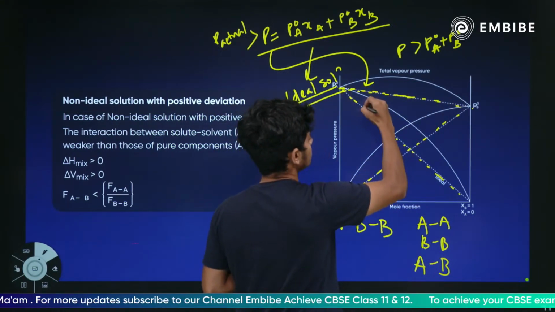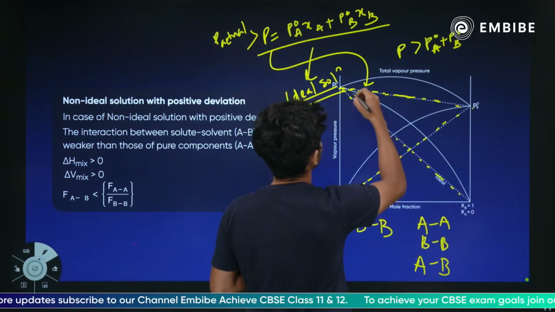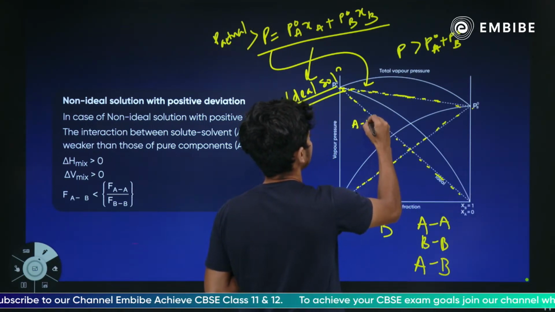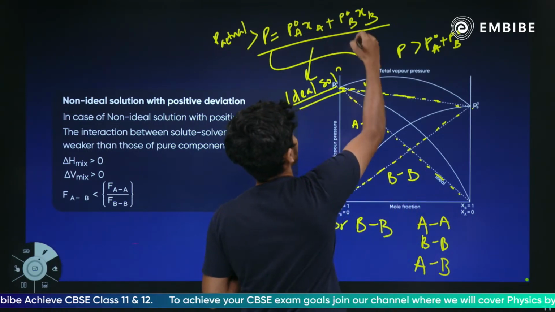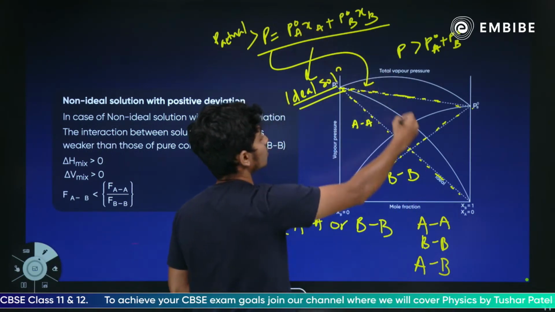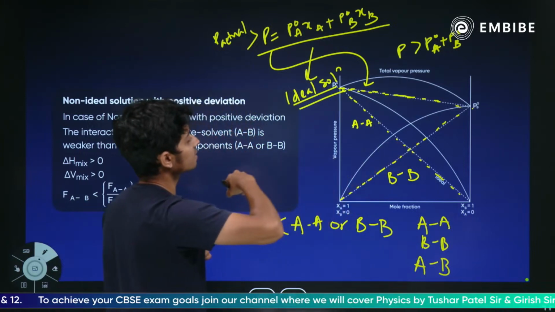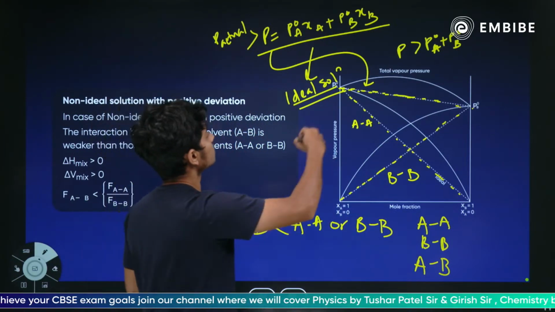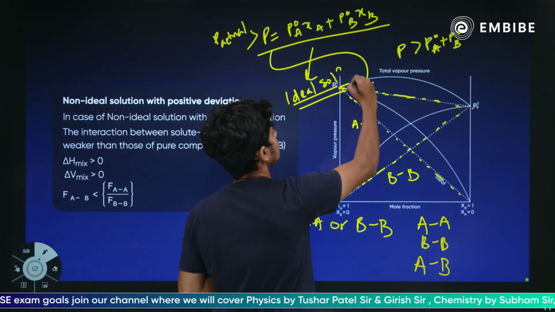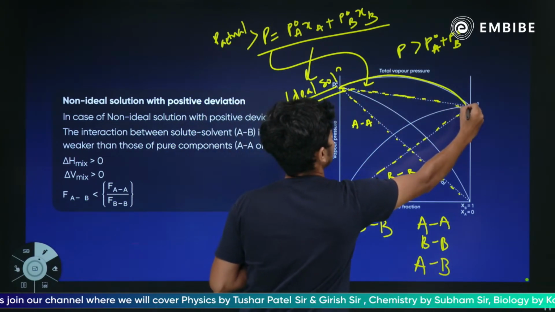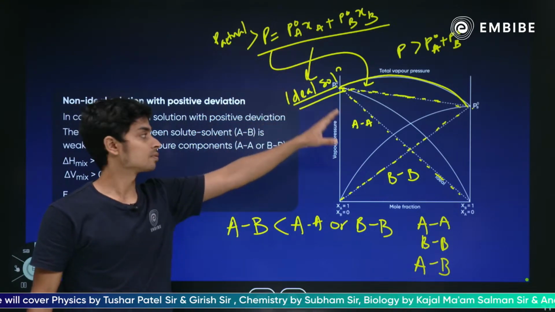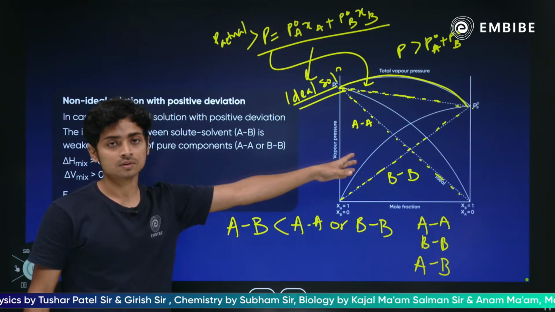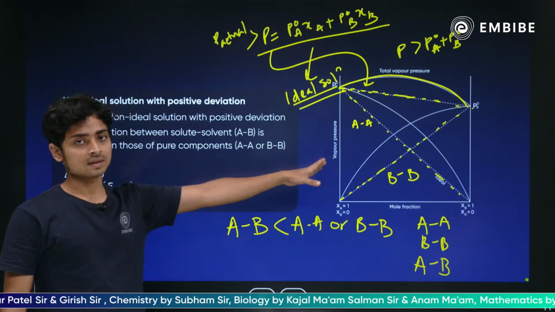This straight line would have been for AA, this straight line for BB, and this straight line for this equation. But in reality you get a curve like this because they show positive deviation, so your pressure will be higher than that of this equation if both of them formed an ideal solution. I hope this is clear.